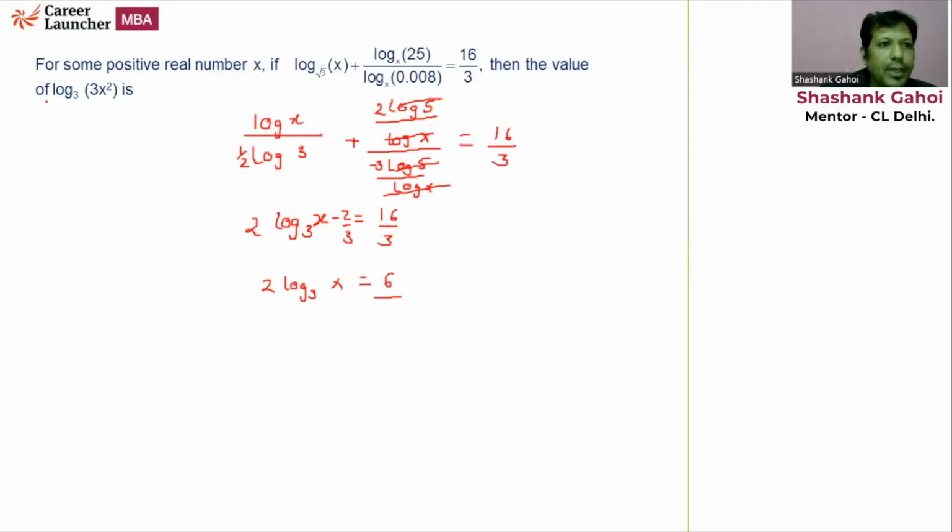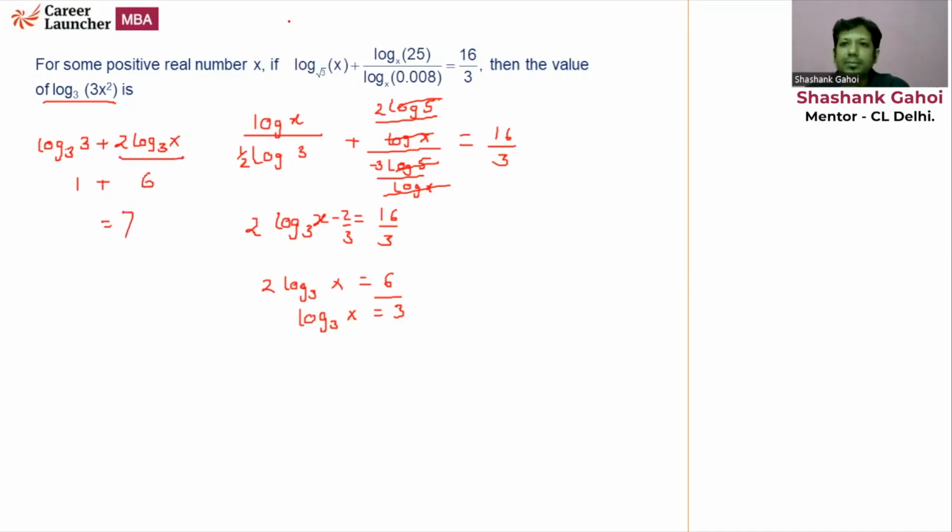Now I need to find this value. I can break it into log_3 3 plus 2 log base 3 x. Now this value comes out to be 1. Now this value we already know is 6. So my answer of this question is going to be 7.